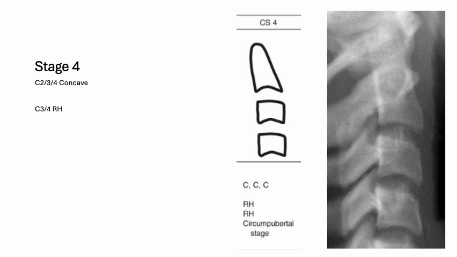So stage 4 is defined by the inferior borders of C2, 3, and 4 being concave, and both of the vertebra now are rectangular horizontal in shape in C3 and 4. And so in the example, that's the case.